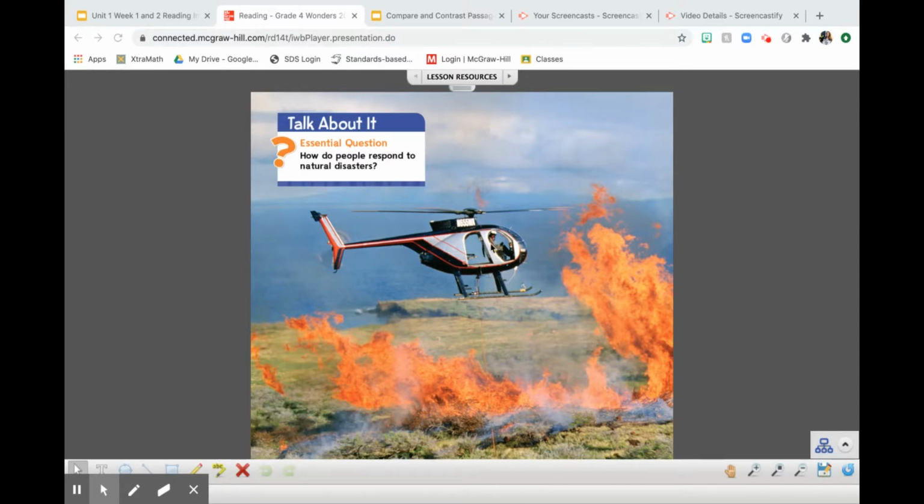Things like that are people responding to natural disasters. But not only are those people responding, the people who are living here also have to respond in regards to making sure they're safe. What happens if maybe where they live does not survive this? So there's all sorts of different ways that people respond to natural disasters.